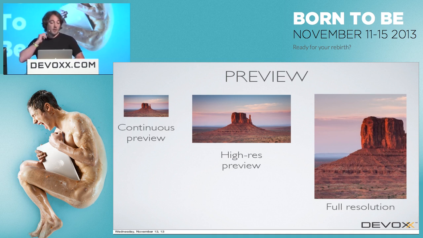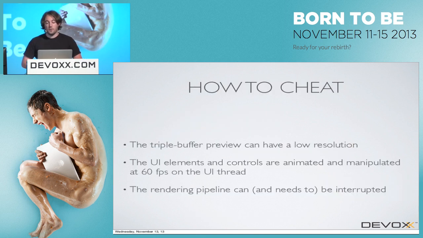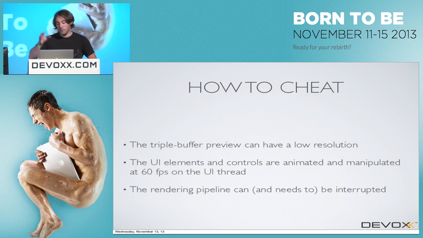And finally, if the user is zoomed in, of course, we compute the intersection with the viewport, and we give you the full resolution of the image. If the user starts changing the parameters again, we just kick back the scheduling for the high-res and full-res preview later on.